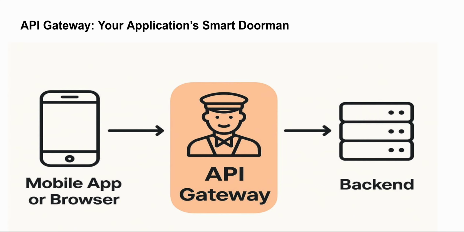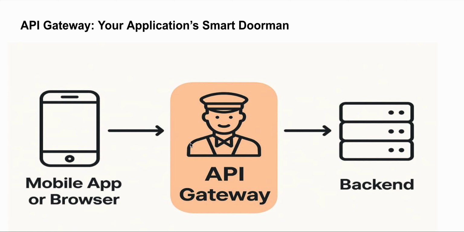Here we will take a very simple example. An API gateway is like a smart doorman for your entire application. When a client, let's say a mobile application or a browser, wants to talk to your backend service, it does not hit your service directly. Basically it will first talk to the API gateway.